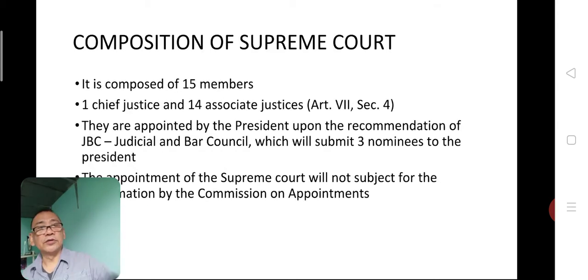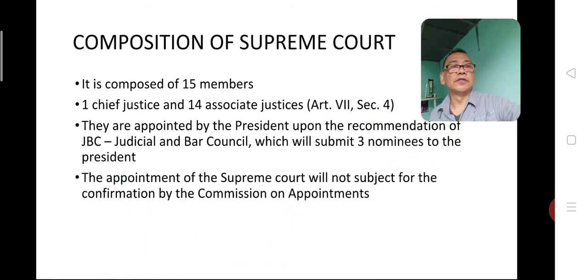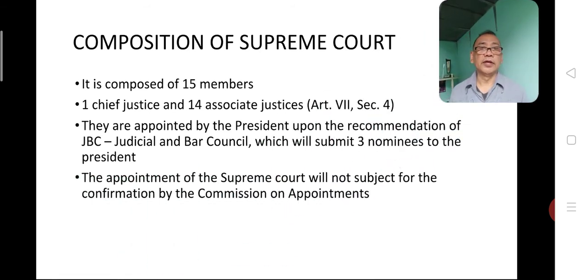Now, let's go to the composition of the Supreme Court. This is the highest court in our land. It is composed of 15 members: one Chief Justice and 14 Associate Justices. This is according to Article 7, Section 4.